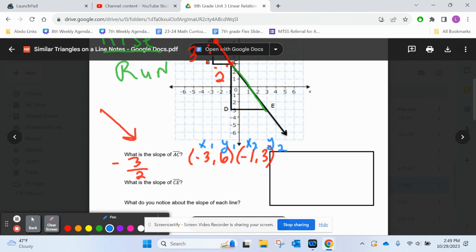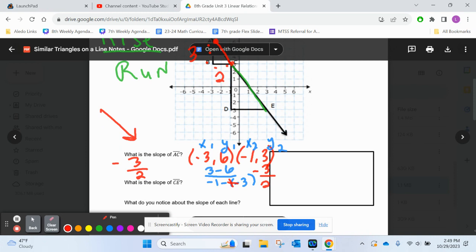So to find the slope of this line, I'm going to say 3 minus 6 over -1 minus -3. I'm hoping we're seeing that this is the exact same thing as -3 over 2. On top I would get -3, and on the bottom I would also get 2, so -3 over 2. Sorry, I'm having a little trouble writing because I'm writing with my fingers. So there we have the slope.